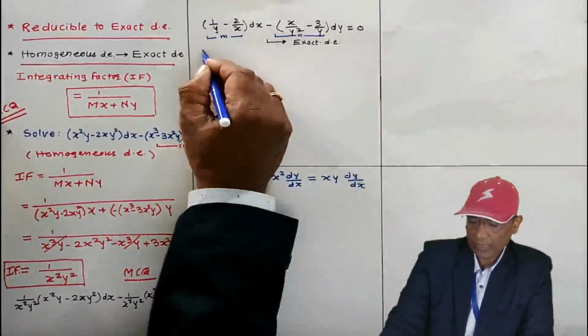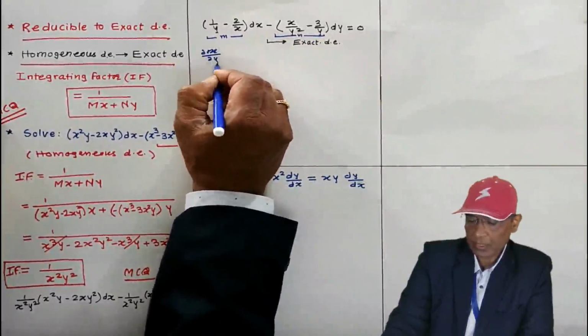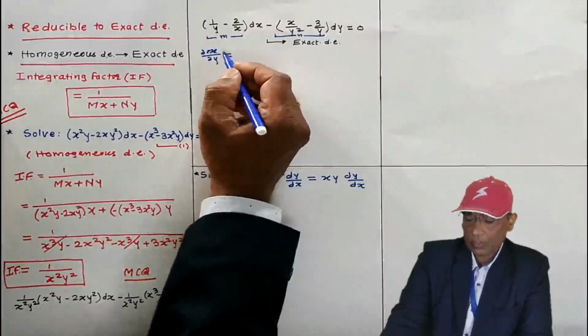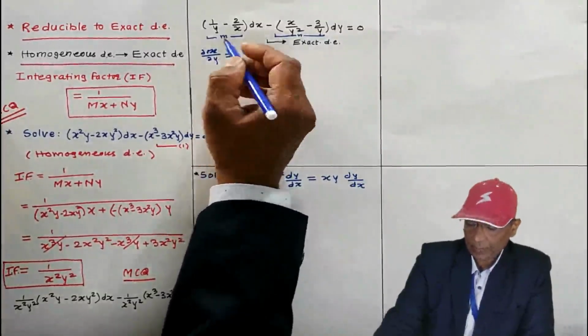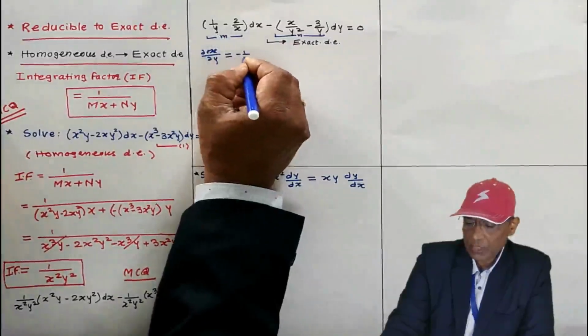If you want to find del m by del y, in examination this is not required to be checked, remember. For the sake of your knowledge, I am going to check it. Derivative of 1 by y with respect to y is minus 1 by y square.